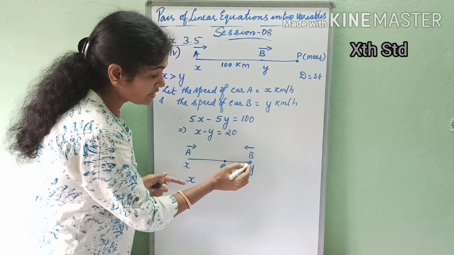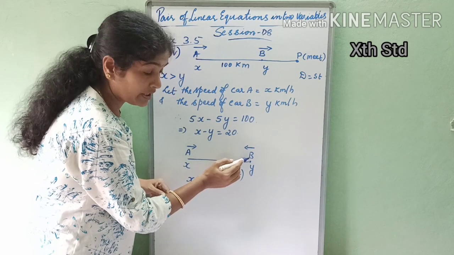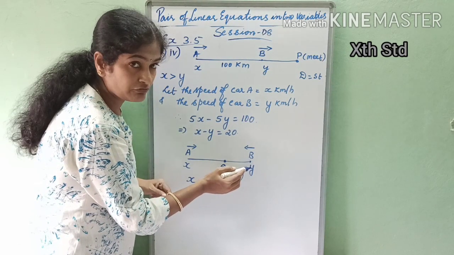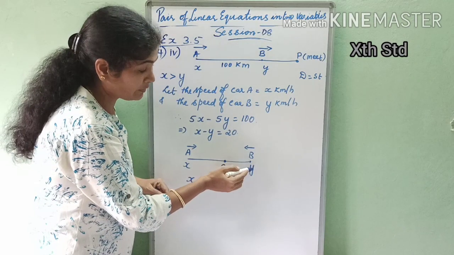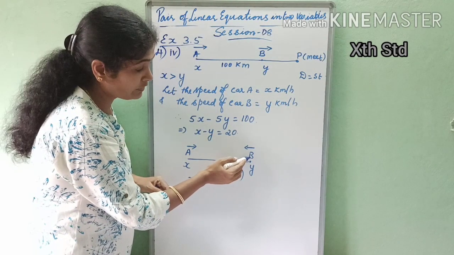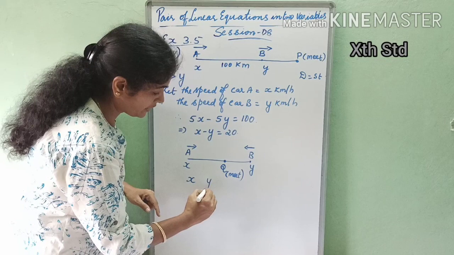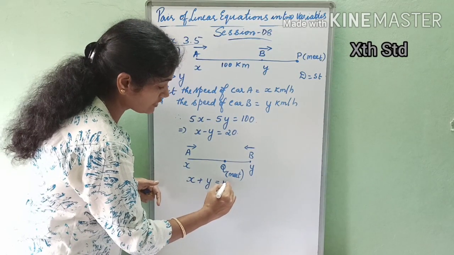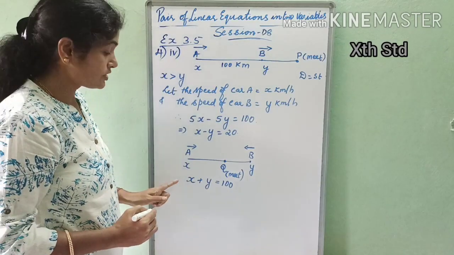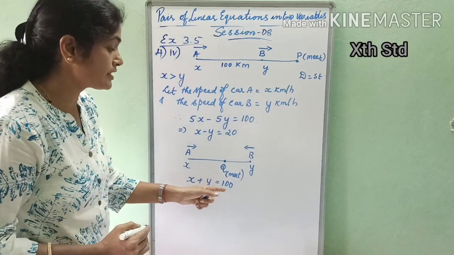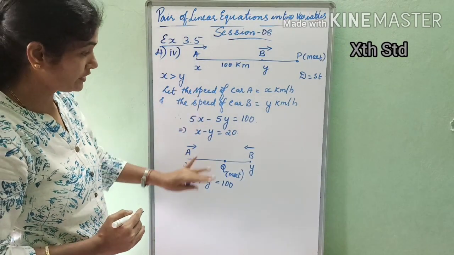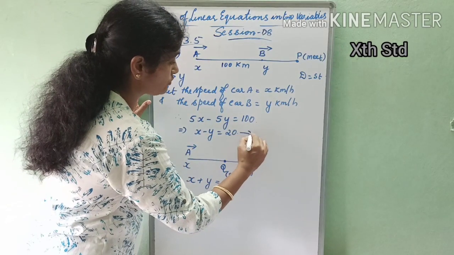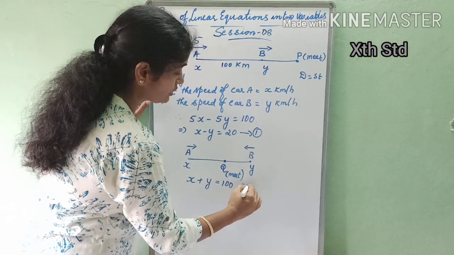Similarly, the distance travelled by car B at y kilometer per hour in 1 hour is y. Both of them together are covering a distance of 100. So the second equation is x plus y is equal to 100. So we got these two equations: this is equation 1 and this is equation 2.